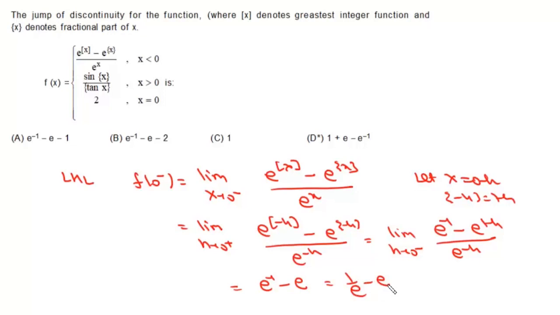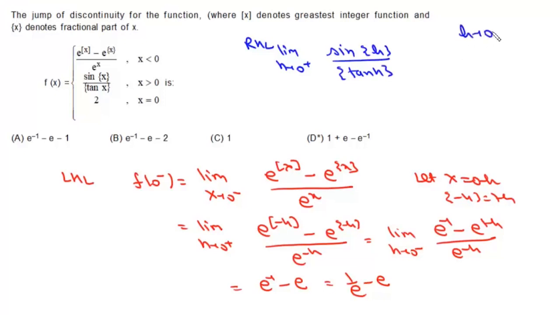Now we'll find its right hand limit. For right hand limit, we'll take the limit h tends to 0 positive. We replace x with 0 plus h, so it will be sin of fractional part of h upon fractional part of 10h.